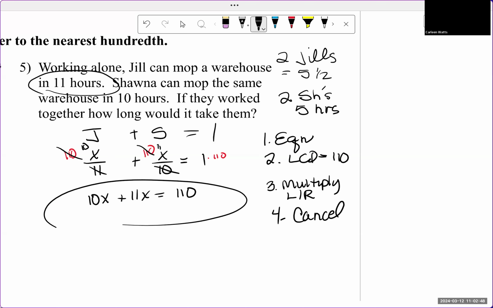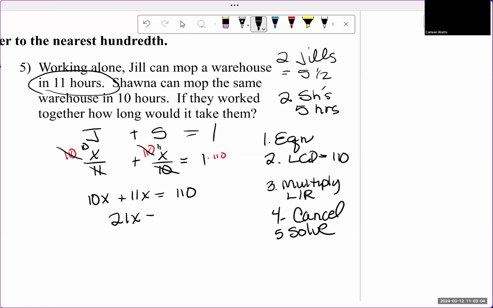Can I skip to that step? No. When you're taking the test, write your first equation first. Okay, combine like terms. So now we're solving. 21x is equal to 110.